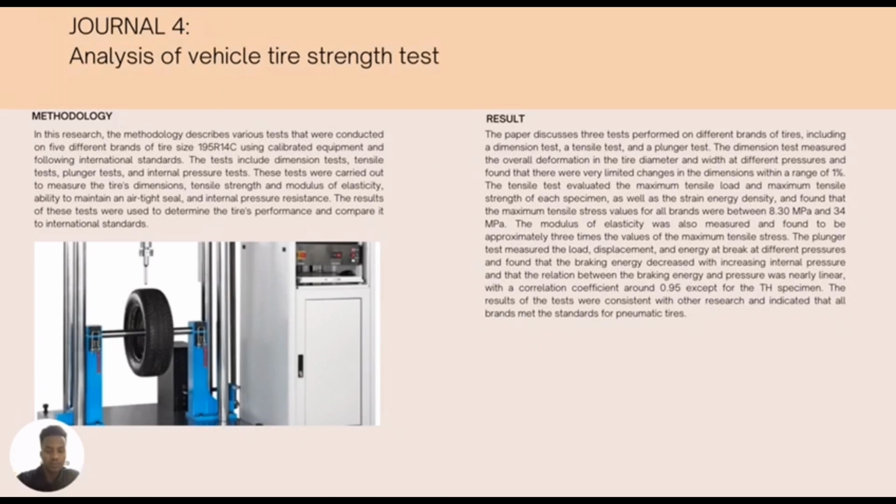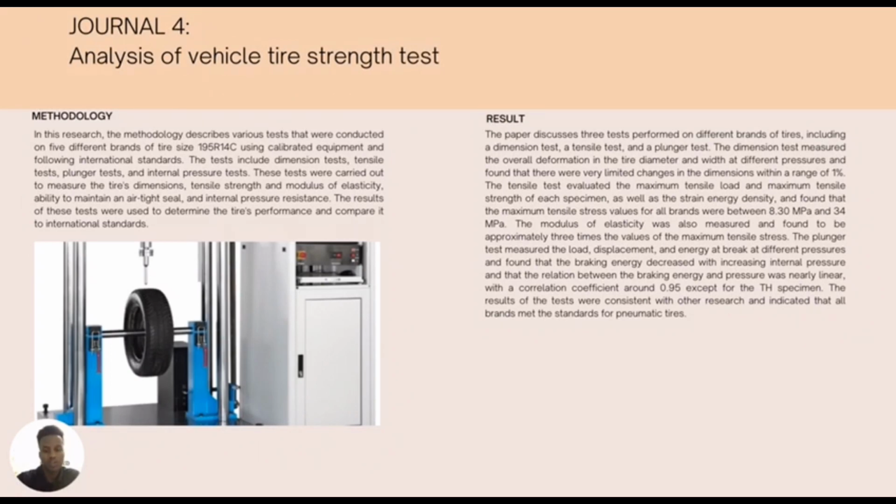The tests were carried out to measure tire dimensions, tensile strength, and internal pressure resistance. The results of these tests are used to determine the tire's performance and compare it to the international standard. That's for the methodology.